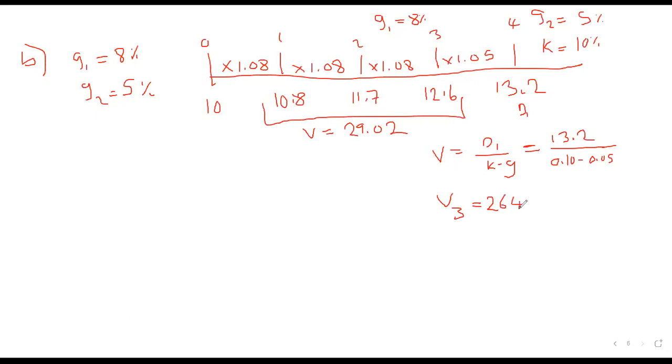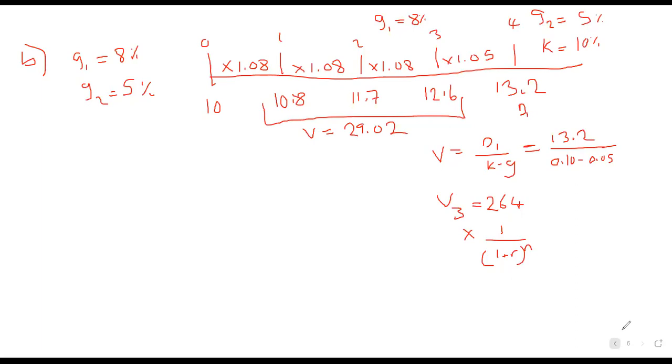So since we're getting it here, it means the value of stock is for the previous year. Now, we're at year 3. If it was on year 5, it would have been at year 4. So the value of stock for Gordon is for the previous year. Meaning to get the present value, we need to discount this one here, times 1 over R at the far end.